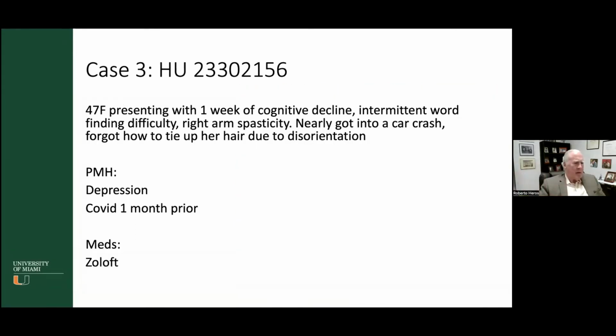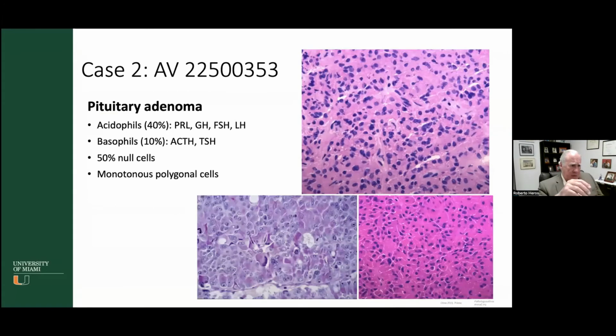Can you hear me? Yes. Dr. Heros. Yes, just a question for you. Just take my word for it, for the volume of pituitary adenomas, you wouldn't expect the frequency with which metastases occur in a pituitary adenoma.